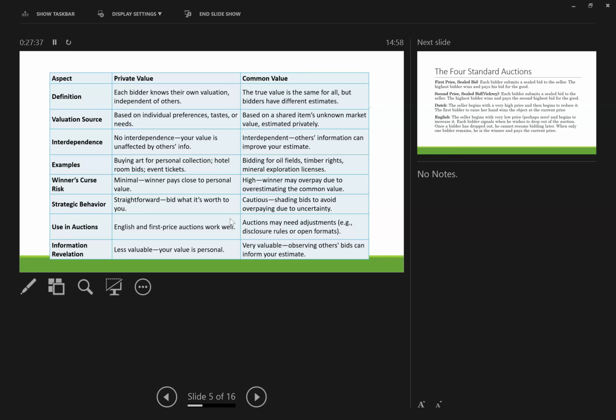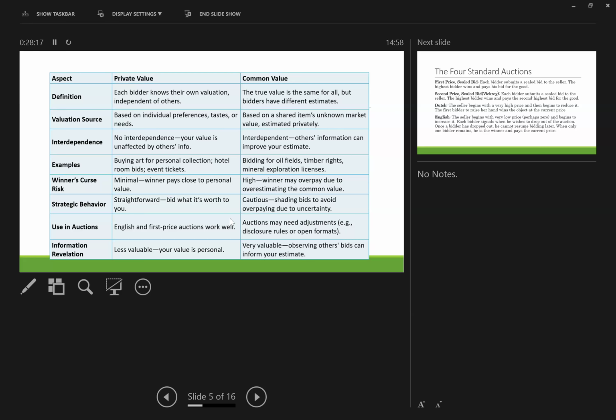So no matter what Xavier does, it doesn't affect Peter's valuation in any way. And no matter what Peter does as far as his mannerisms and things are concerned, it wouldn't affect Xavier's love or preference for that particular item. So we don't have much interdependencies in this case.